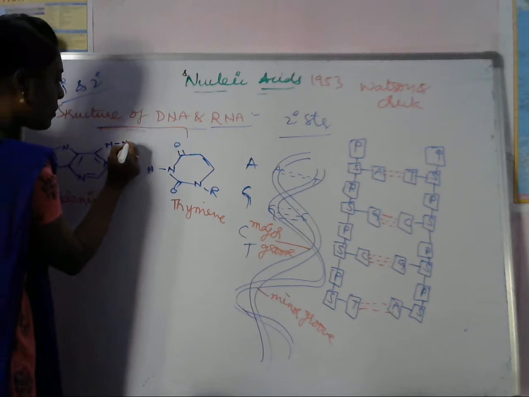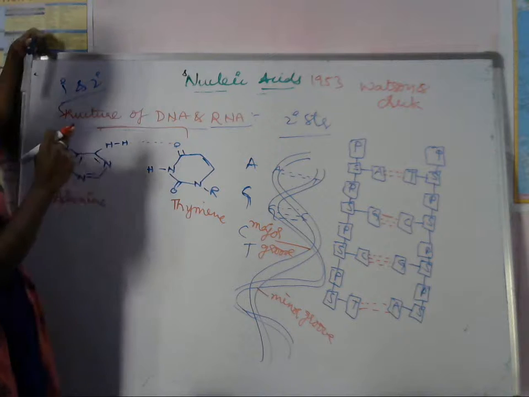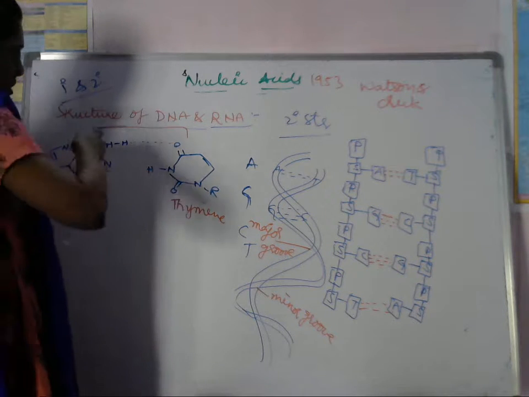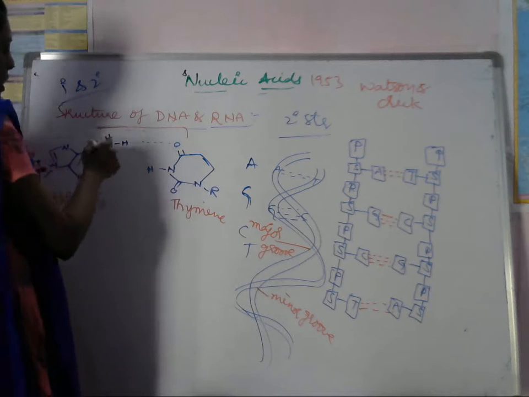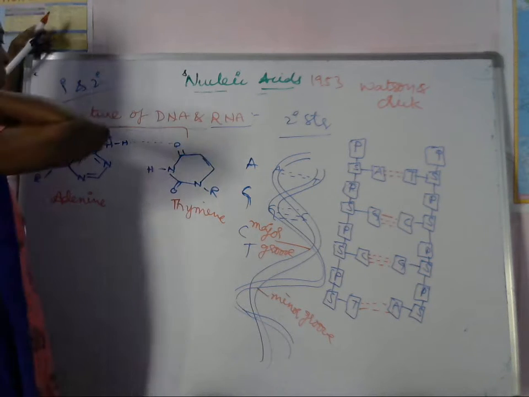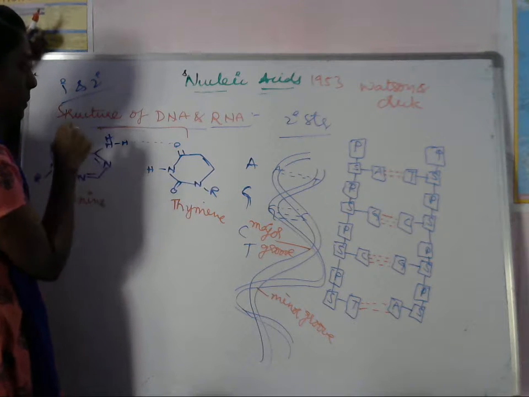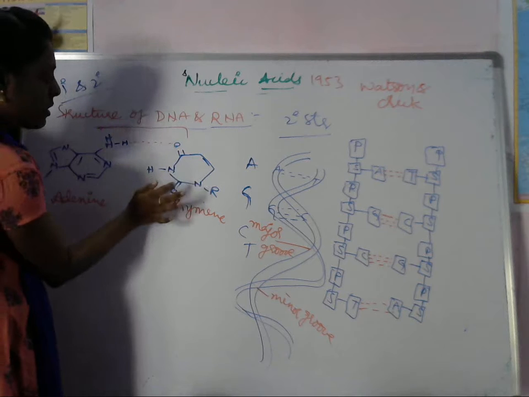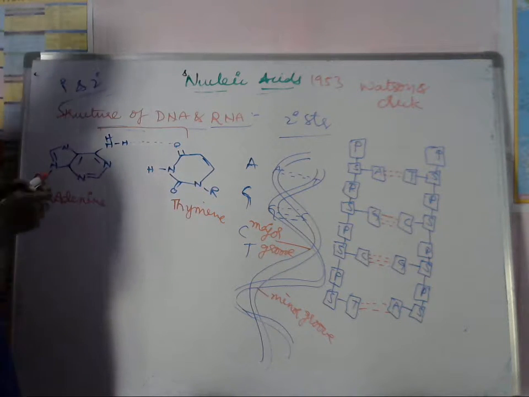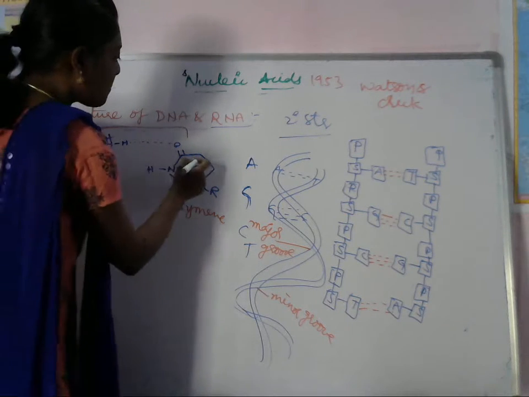Let's see what those are. If you see here, this is one hydrogen bond, with a nitrogen atom. NH2 is there in this adenine; at the fourth position there is an amine group. This amine group shows hydrogen bonding with the pyrimidine, which is thymine.